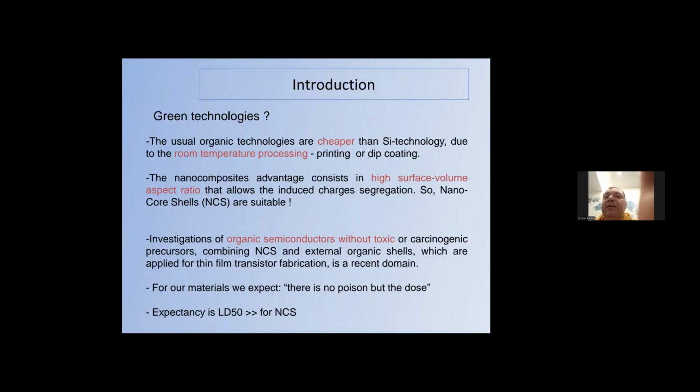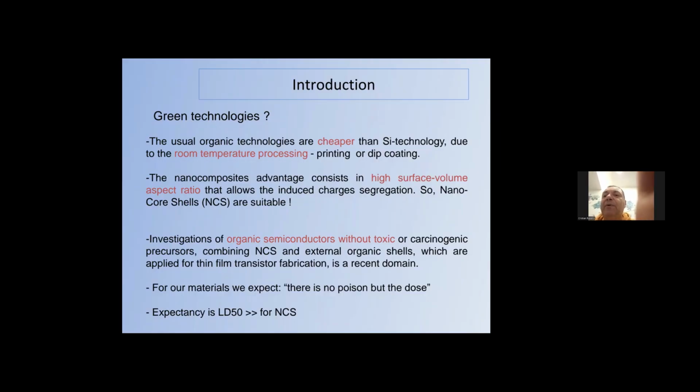Combining in this way nanocore shell with external organic shell is a recent domain and useful in thin film transistor fabrication.